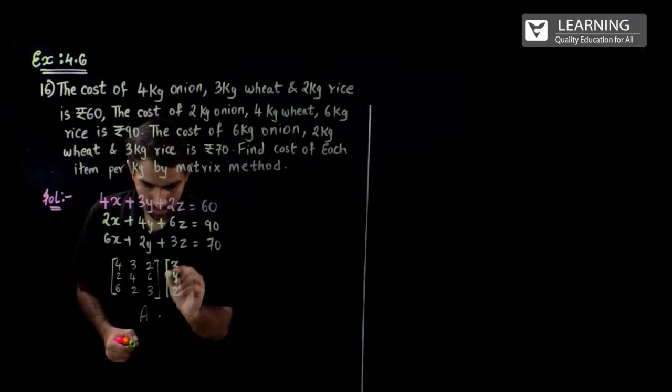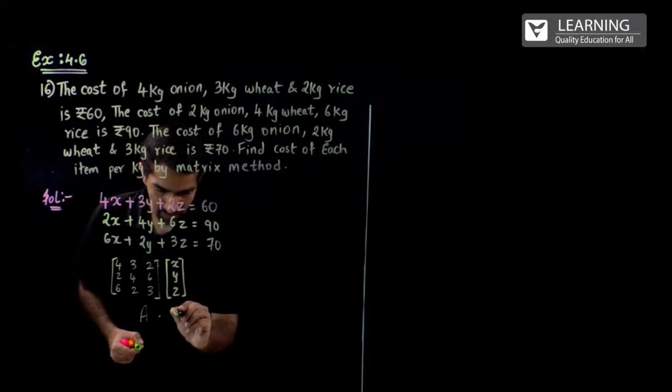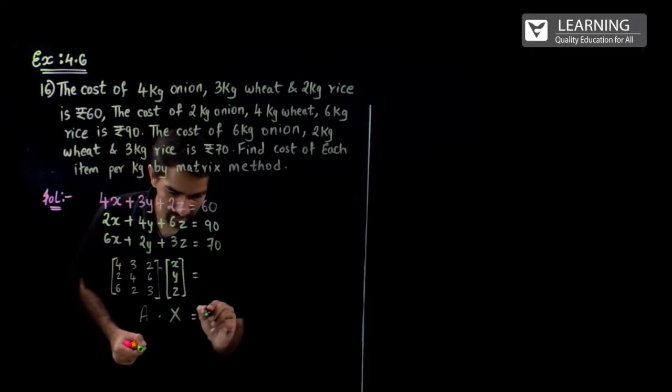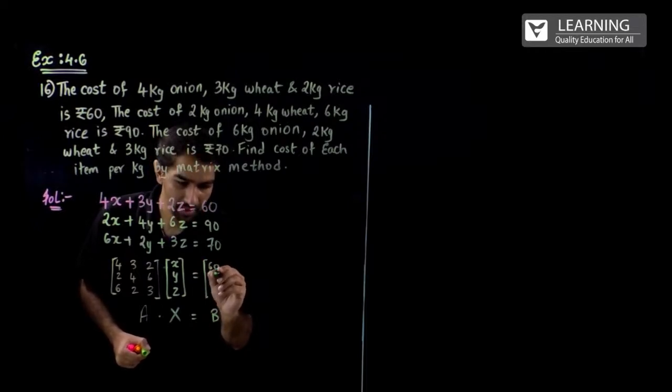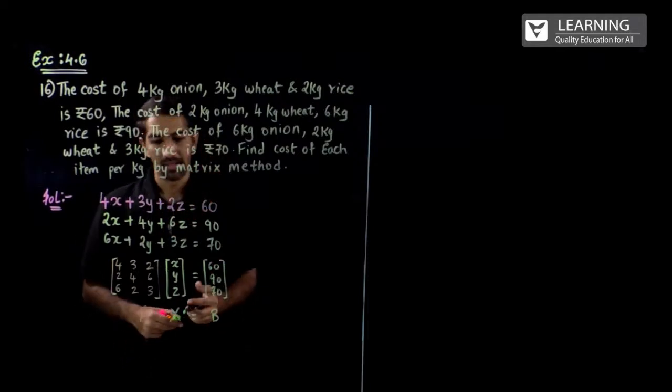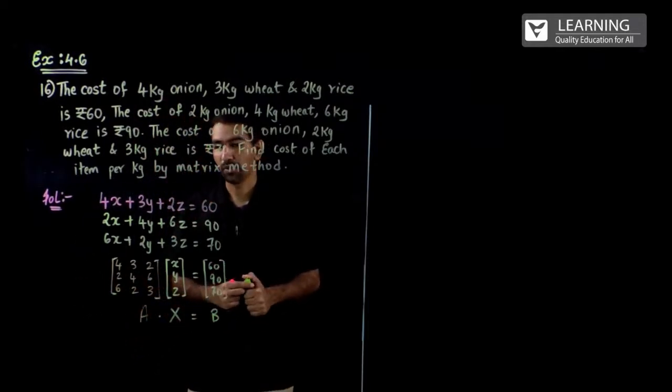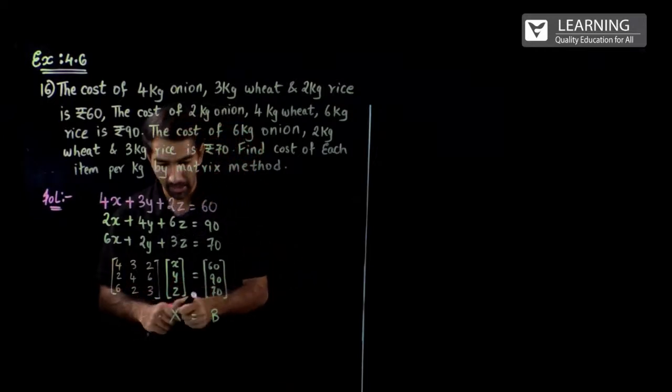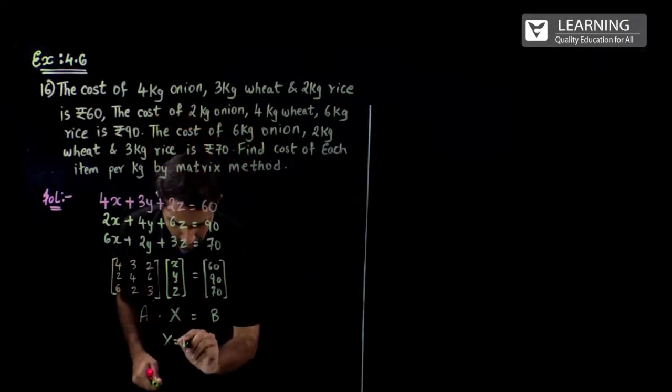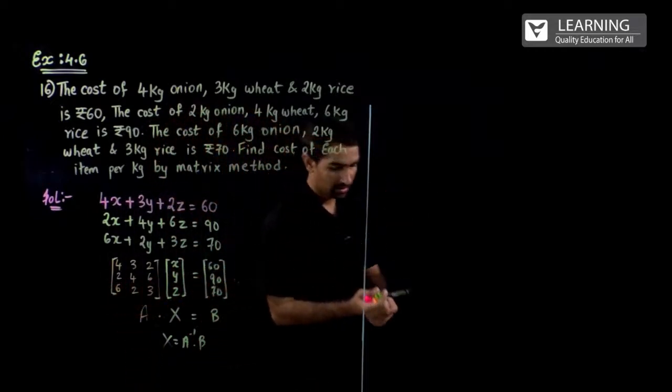This is equal to B, that is nothing but 60, 90 and 70. Now students, what we have to do, send A on this side. What will happen? X will be equal to A inverse B. And A inverse we will do on this side.